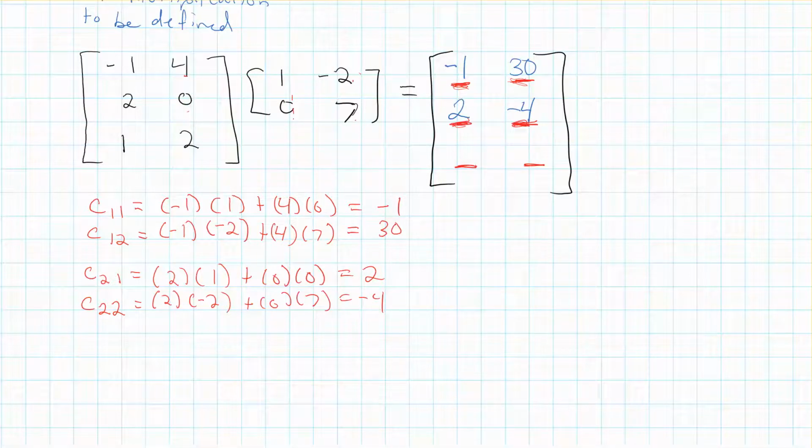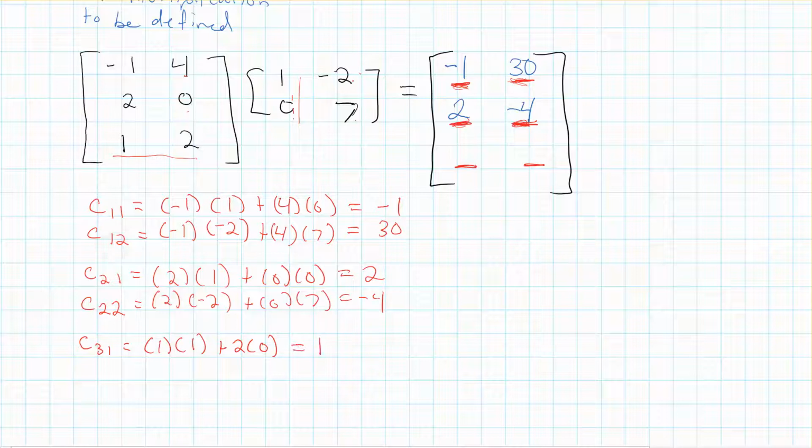And so I would move to row 3, and of course row 3, column 1, this would be this row, this column, and so you'd have C31 is equal to 1 times 1 plus 2 times 0. 1 times 1 plus 2 times 0, well, that's just equal to 1.